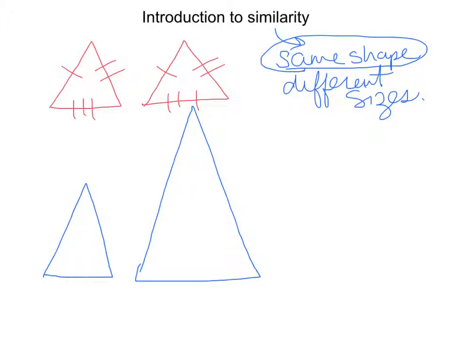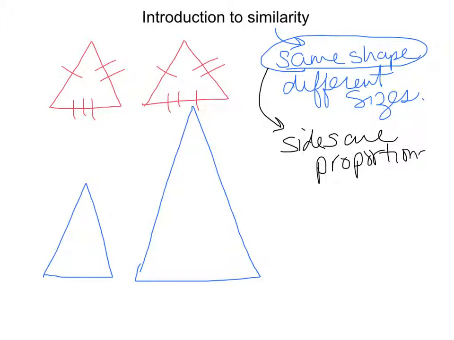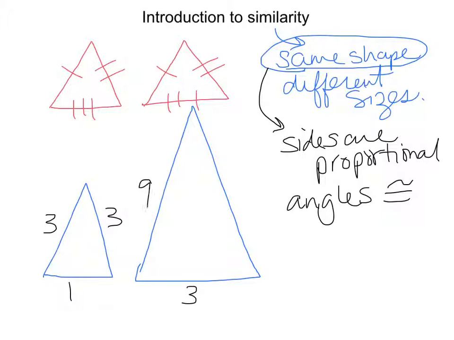What we mean by same shape is that all their sides are proportional and their angles are congruent. So if this was 3 feet, 3 feet, 1 foot, and this was 9 feet, 9 feet, 3 feet, the sides are proportional.